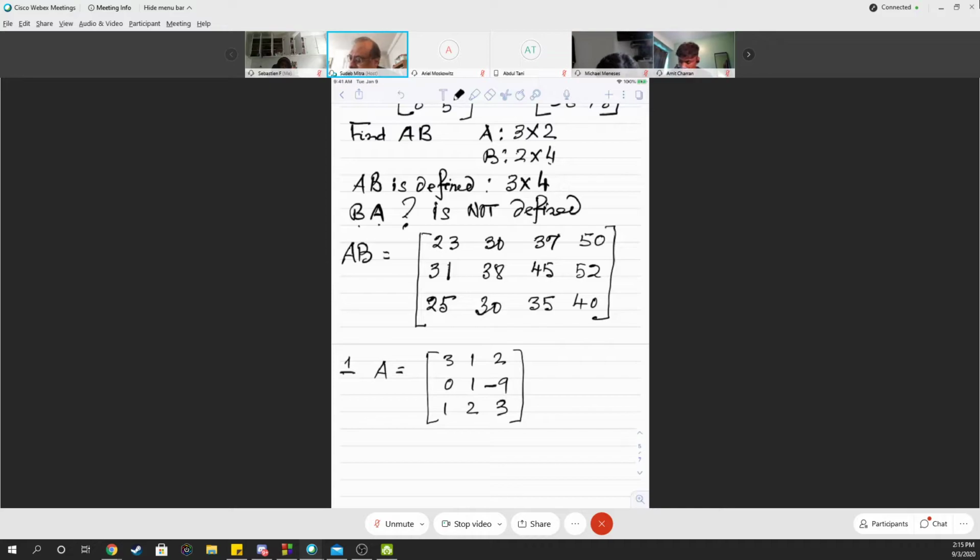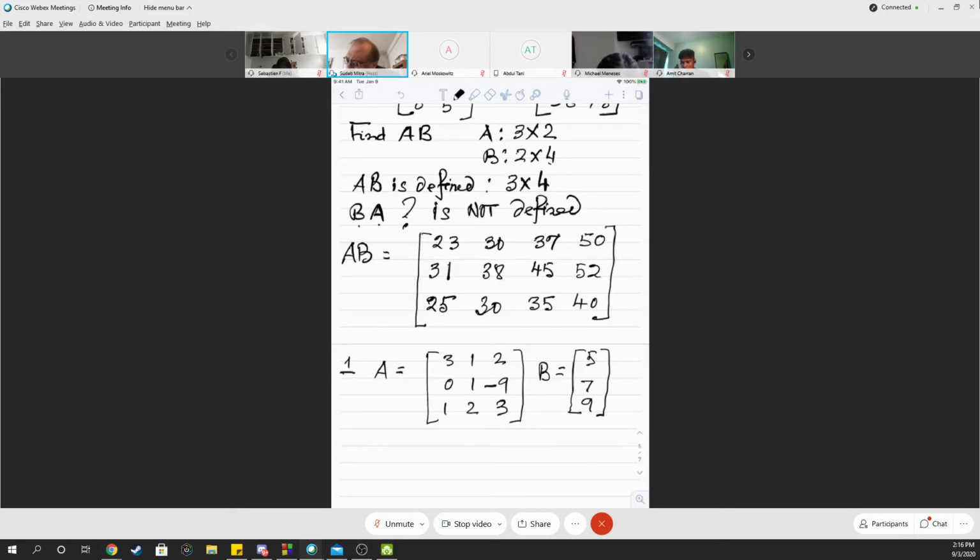And then B is, so its number of columns of A is 3, so number of rows of B has to be 3, right? Why don't you take this: 5, 7, 9.